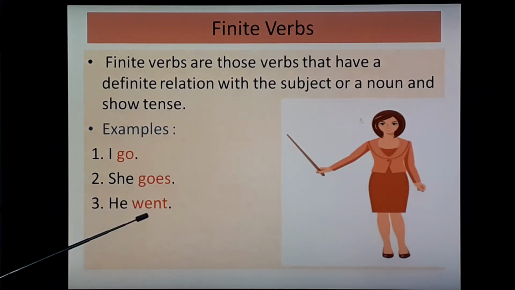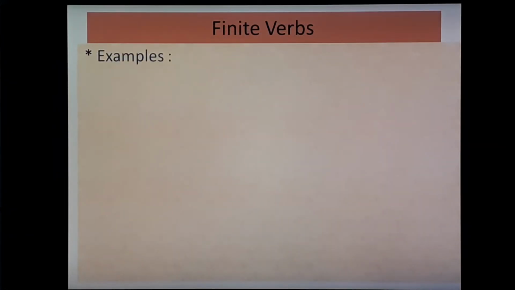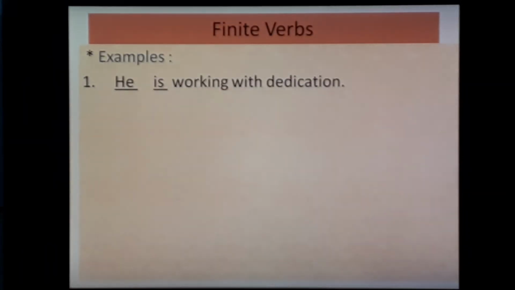He went shows past tense, simple past, that is why this is finite verb. Next, I love parade. So love, that is finite verb because it shows tense. This is simple present tense. Let's see more examples. He is working with dedication.